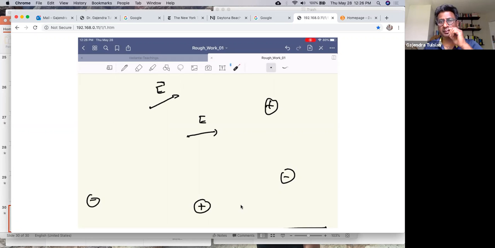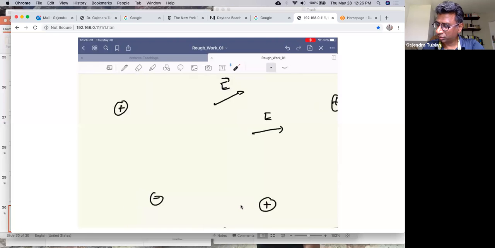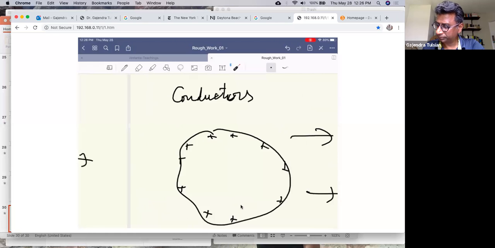something called electric potential. So what we were saying was, let's say if you have a bunch of charges distributed, these charges will produce an electric field in this region. And we were interested in knowing this electric field in this region. Okay.